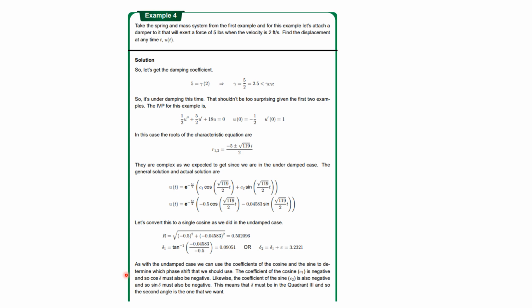So the coefficient of the cosine, c1, is negative, and so cosine of delta must also be negative. Likewise, the coefficient of the sine, c2, is also negative, so sine of delta must be negative. So negative and negative means that we're in the third quadrant, and this is the one that we use for the phase shift.